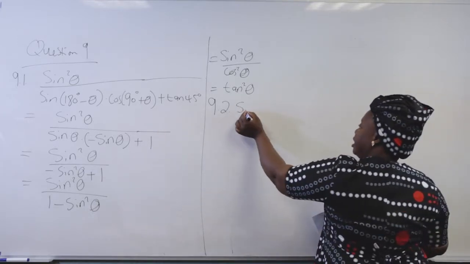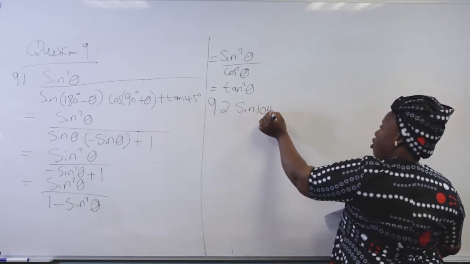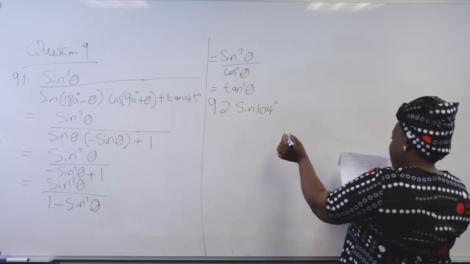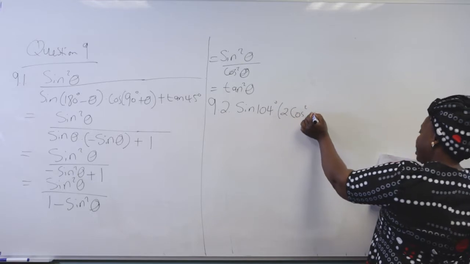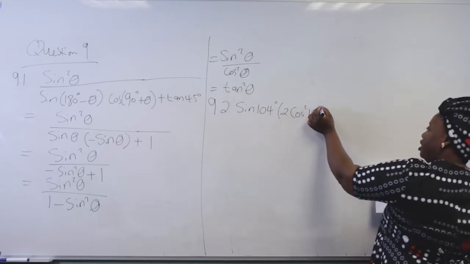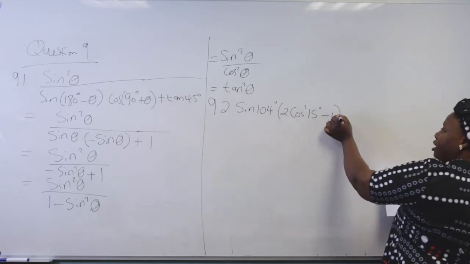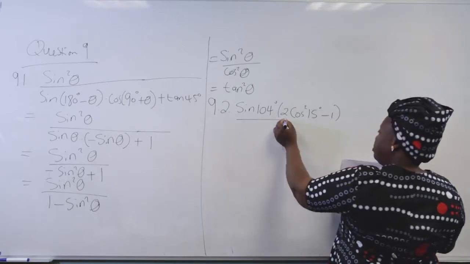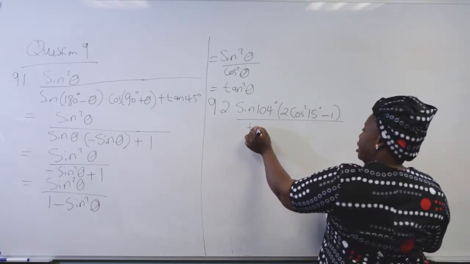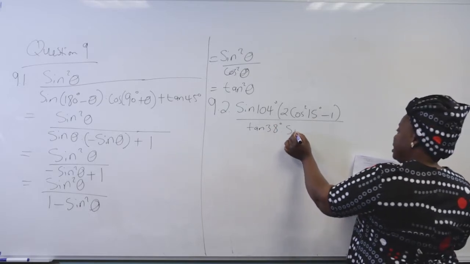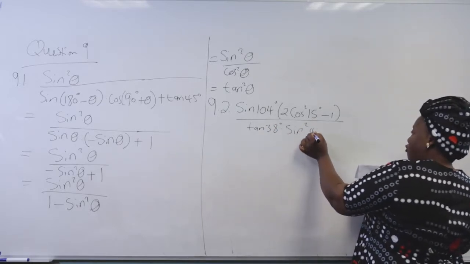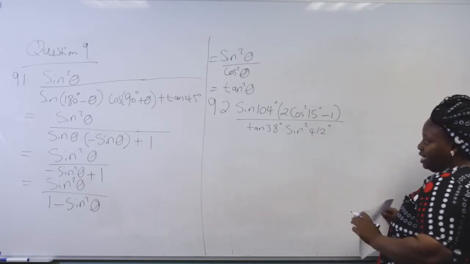So this is sine of 104 degrees multiplied by 2 cos squared of an angle 15 minus 1 and divided by tan of 38 degrees multiplied by sine squared of 412 degrees.